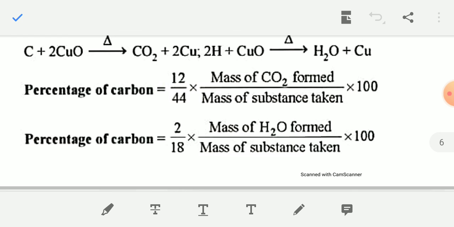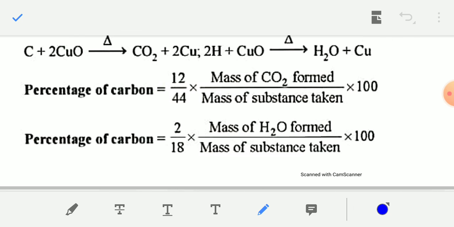For calculation of the percentage of carbon present in an organic compound, the formula is 12/44 × mass of carbon dioxide formed divided by mass of substance taken × 100. The 2/18 formula is for hydrogen, not for carbon.